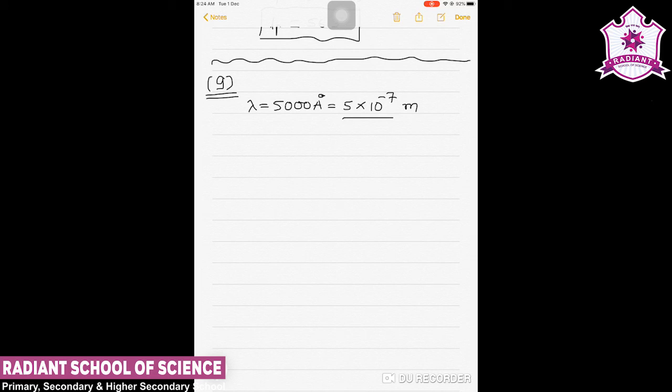This 5000 angstrom wavelength light falls on a plane reflecting surface. What are the wavelength and frequency of the reflected light, and for what angle of incidence will the reflected ray be normal to the incident ray?